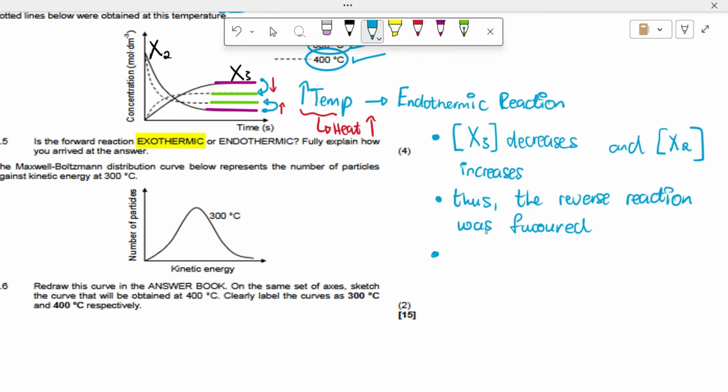Since the reverse reaction was favored, what does that tell us?